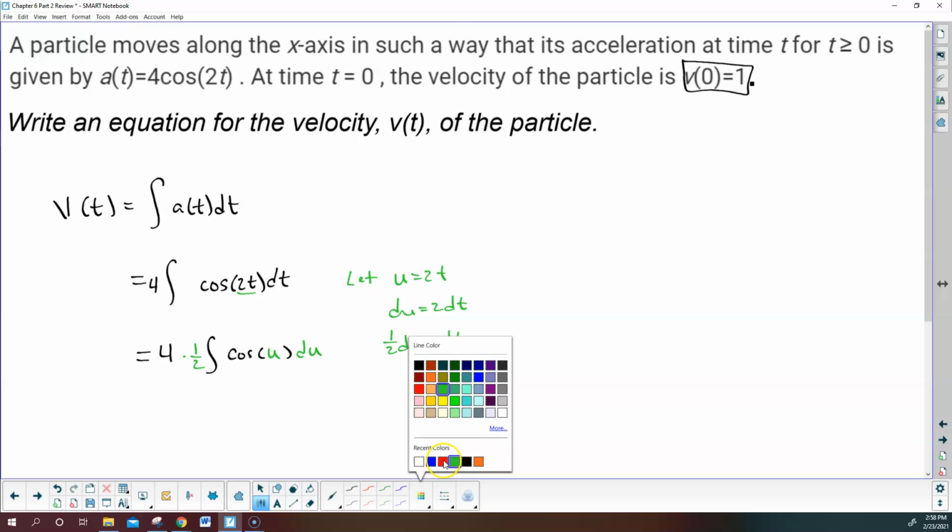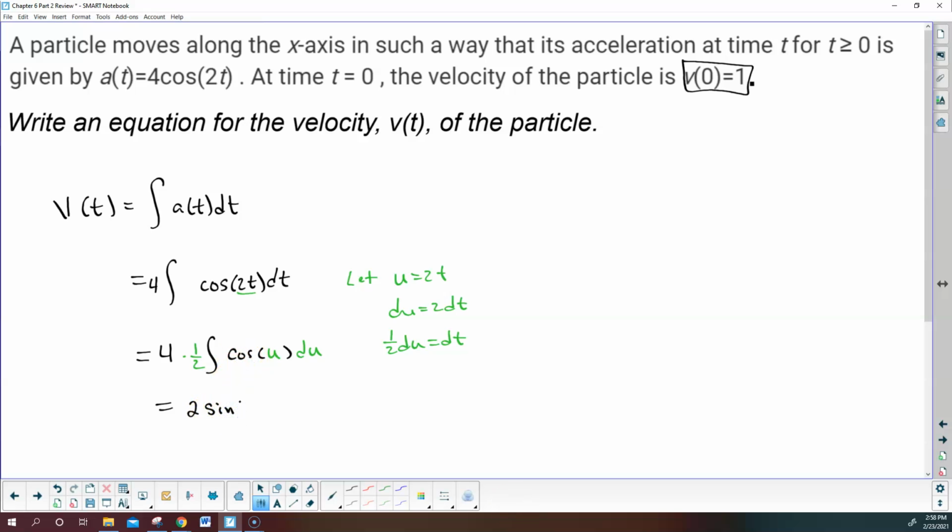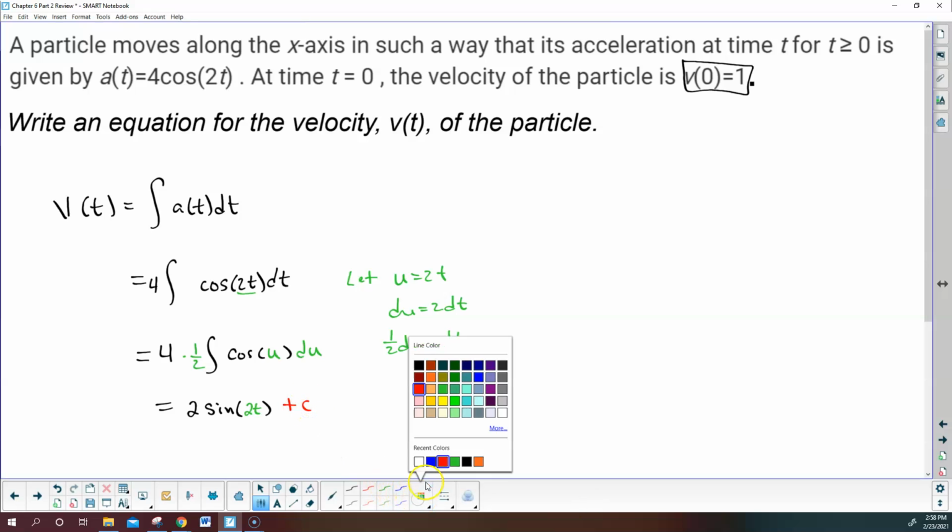Now this antiderivative is much friendlier, right? 4 times 1/2 is 2. Whose derivative gives me cosine? It's sine of u. But now, again, I don't have to put u because I know what u is equal to. So I'm going to just replace that right away. The thing you do have to be careful with is you have to put plus c.